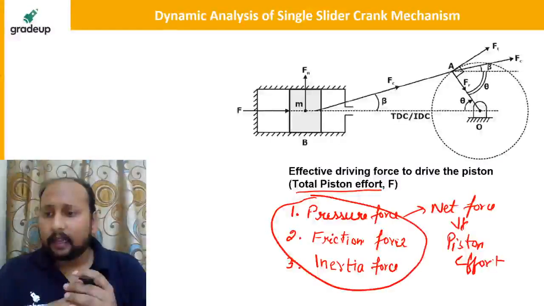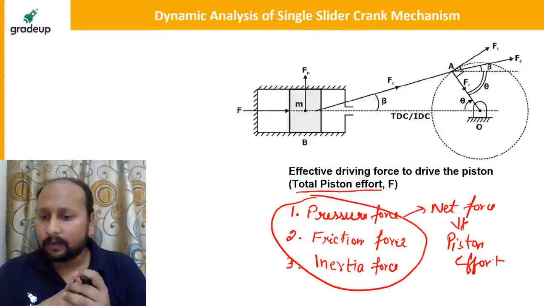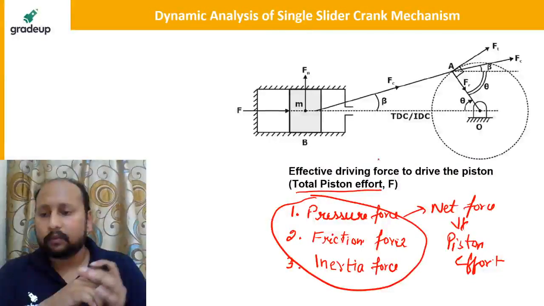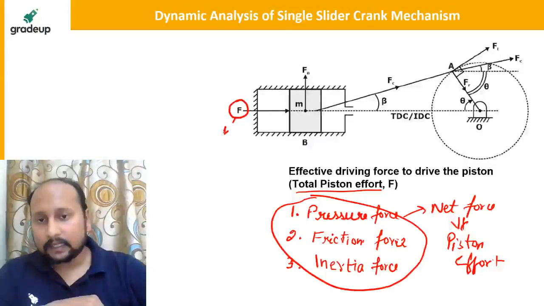Okay, so all the three forces will be acting on the piston. Now let me discuss individually. This is the piston, and there is a nomenclature I'll be telling you. This F is basically your piston effort. Fn is the normal force.